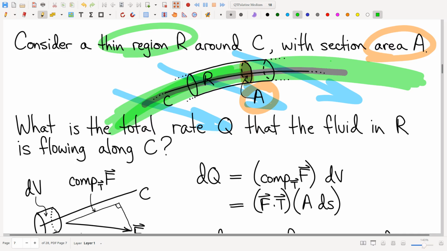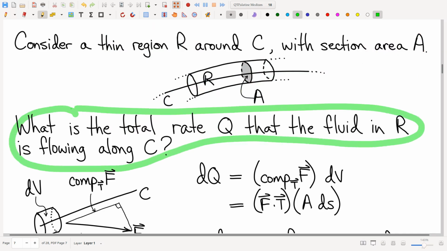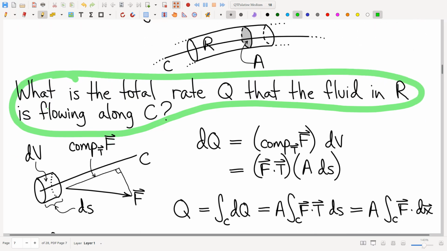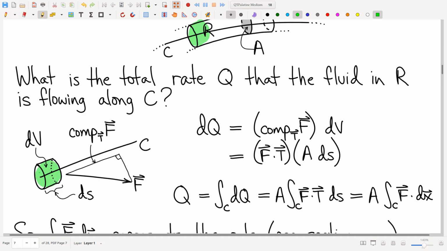What I want to ask about that fluid is, altogether, to what combined extent is it flowing along the curve? I know that sounds like a weird thing to ask, but it's a pretty reasonable question. If I take some little piece of this fluid, I can talk about how much fluid that is in that little piece.